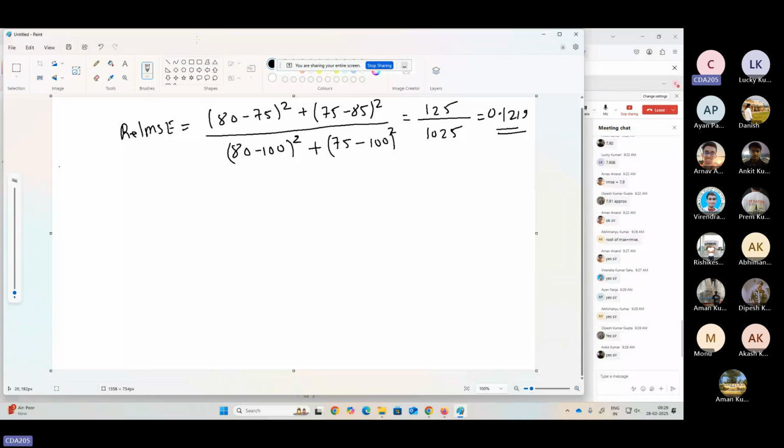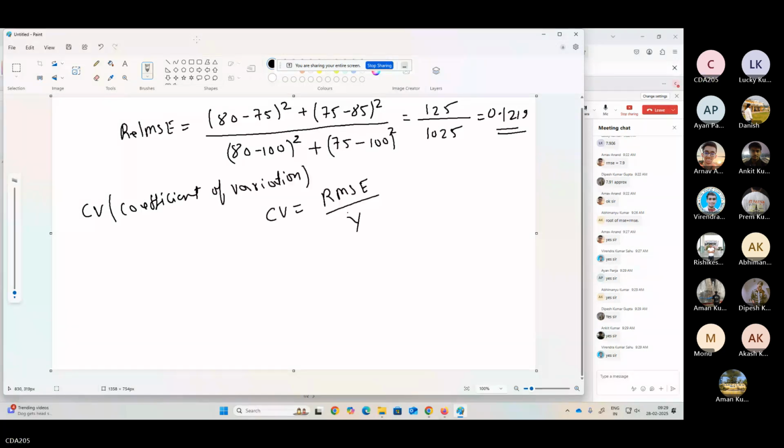Now, next one is what? That is the CV, which is known as coefficient of variation. So that we have to calculate. What is the formula for coefficient of variation? That is the RMSE by mean of y. So we have already calculated.